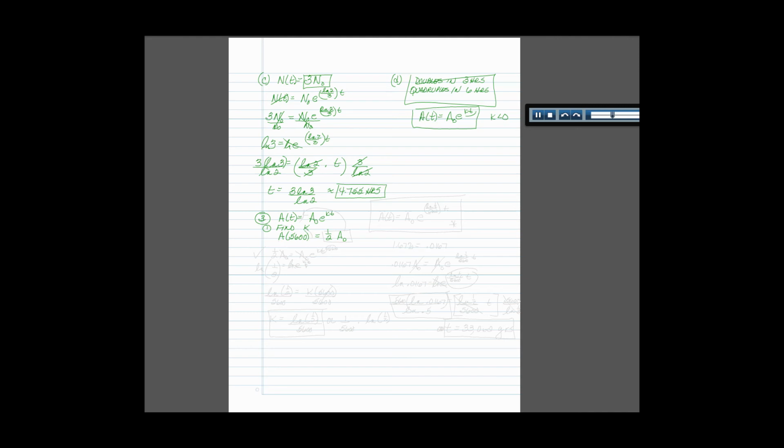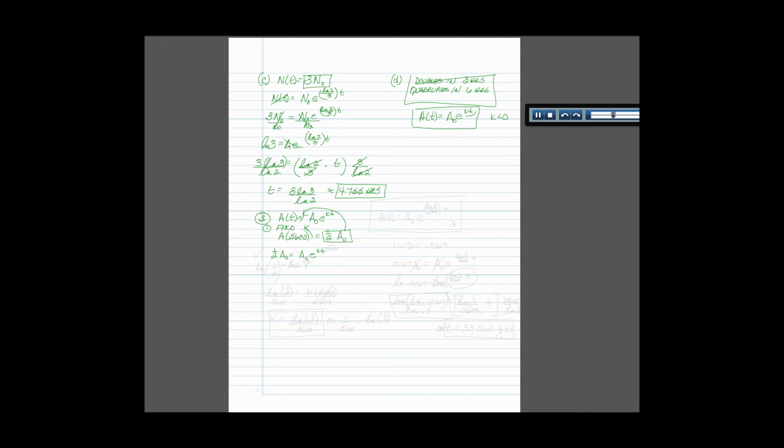So what I'm going to do is take the fact that A of t, or A of 5600, is equal to this, and substitute it back into here. So instead of A of 5600, I would have 1/2 A sub naught equals the right-hand side, A sub naught e to the kt.